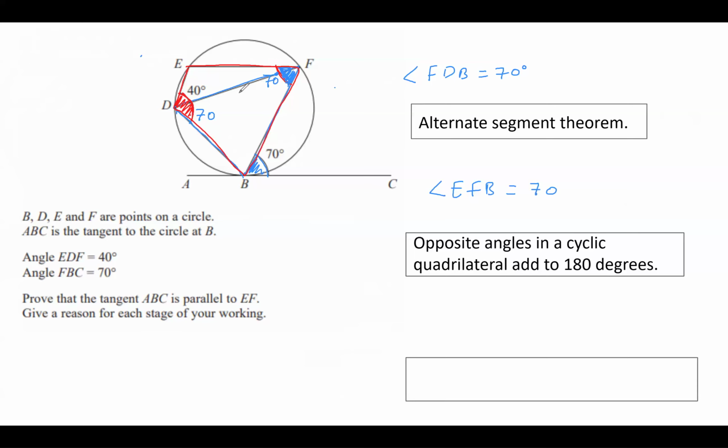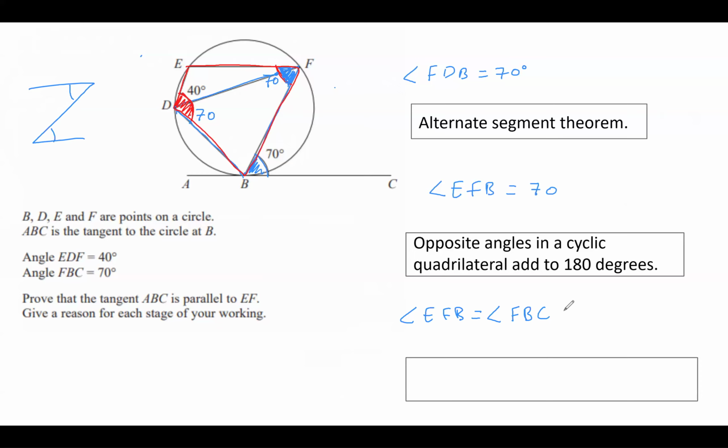And then we can therefore say angle EFB is equal to angle FBC because they form what's known unofficially as Z angles, but they are in fact alternate angles. Therefore, if these two angles are alternate angles, then these two lines must be parallel.